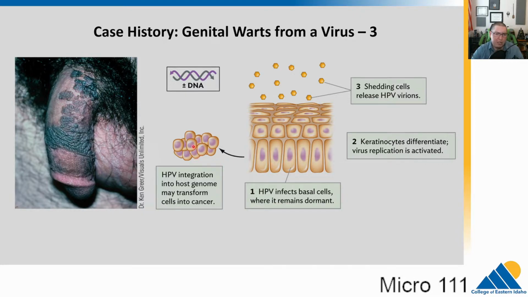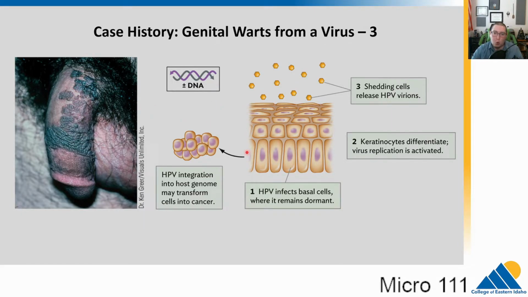HPV can actually integrate into the human genome and affect gene expression, turning the cells into cancerous cells. Remember, cancer is unrestricted cell growth. So these growths here are cancerous in nature because of the HPV in there, which is causing them to replicate. HPV is in the genome, so every time the cell replicates, HPV is replicated.